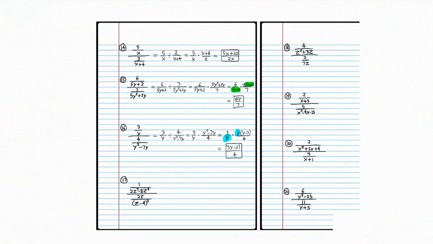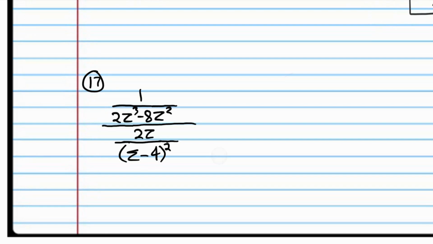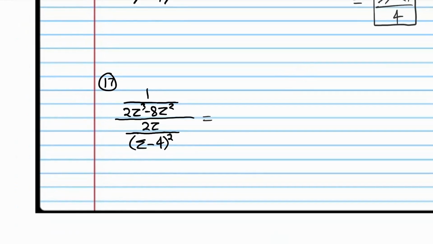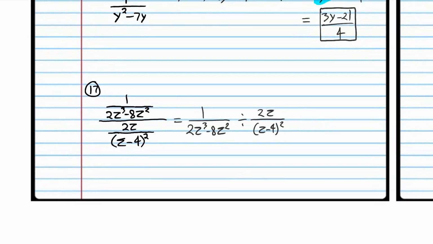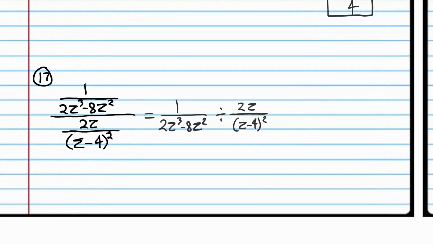All right, so let's do 17 together. I think I'm going to have to shrink this a little bit. And we'll change to multiplication.